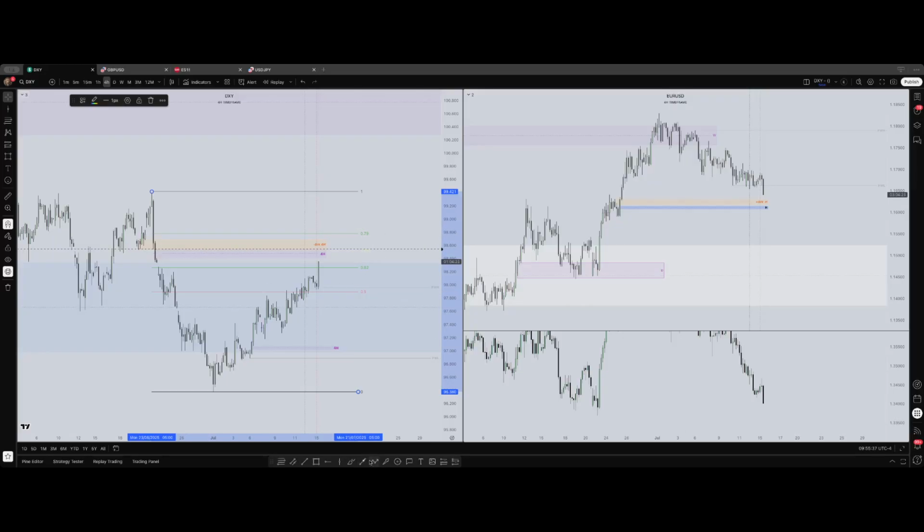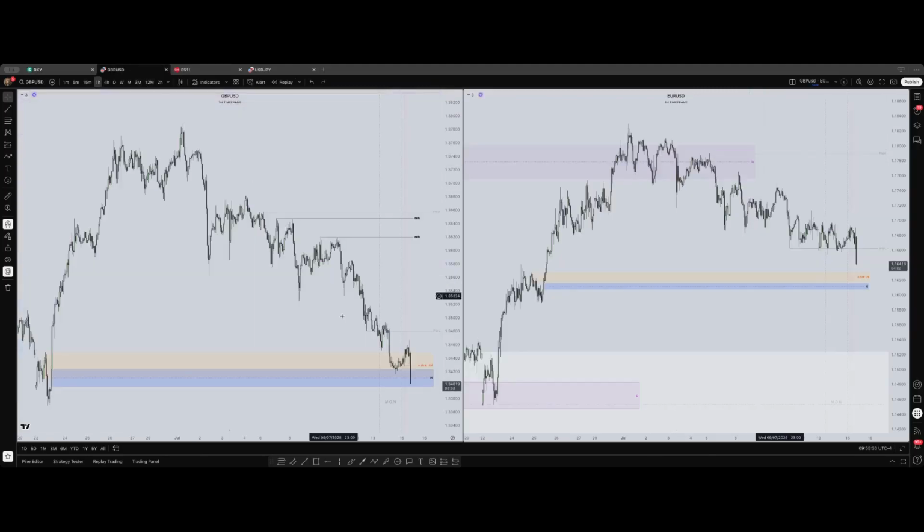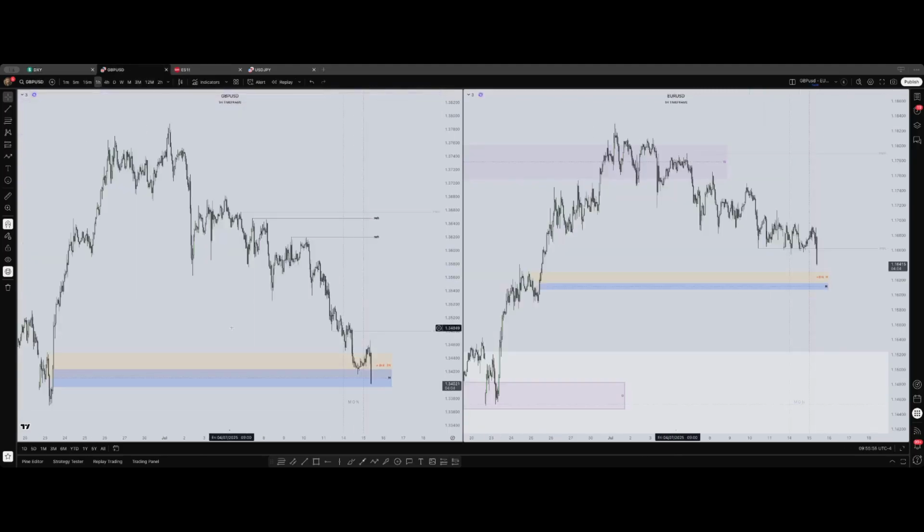It's a good area to be aware and check for a reversal from here. Same with Euro and GBPUSD. Remember, if dollar is going up, these two are falling, dropping.